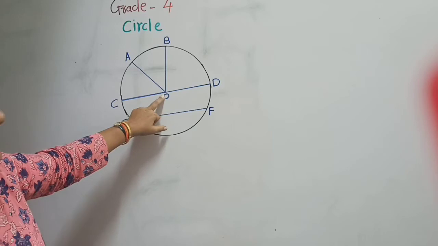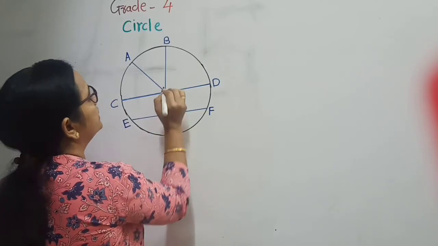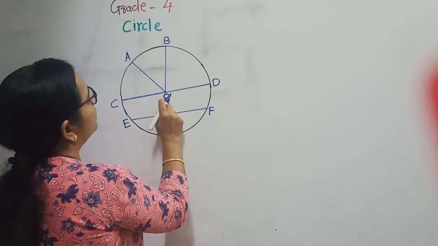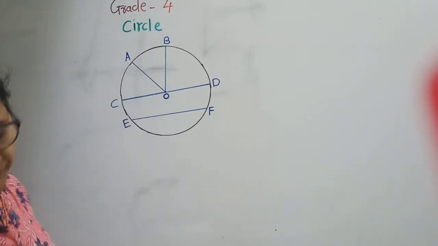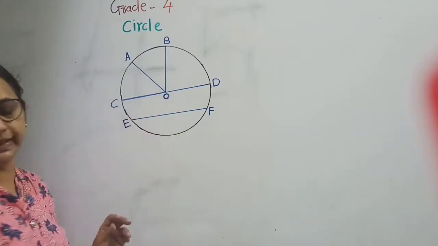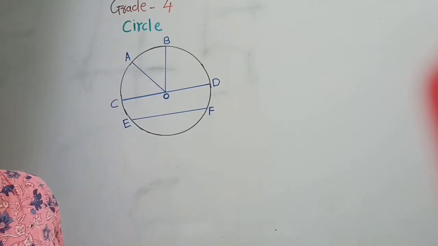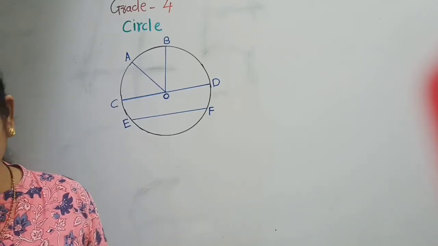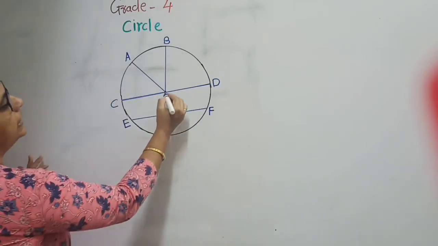It is called the center. In this figure, O is the center. Children, see, this O is the center of the circle. Now the distance between the center and any point on the circle is called the radius.